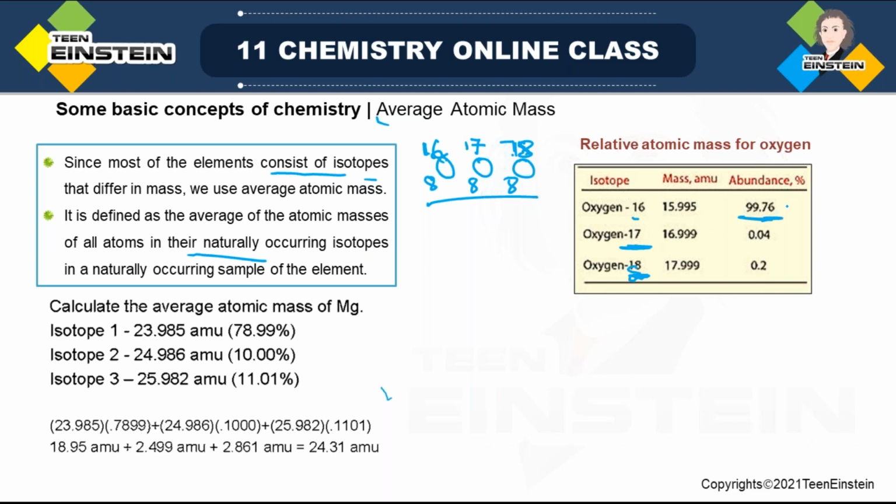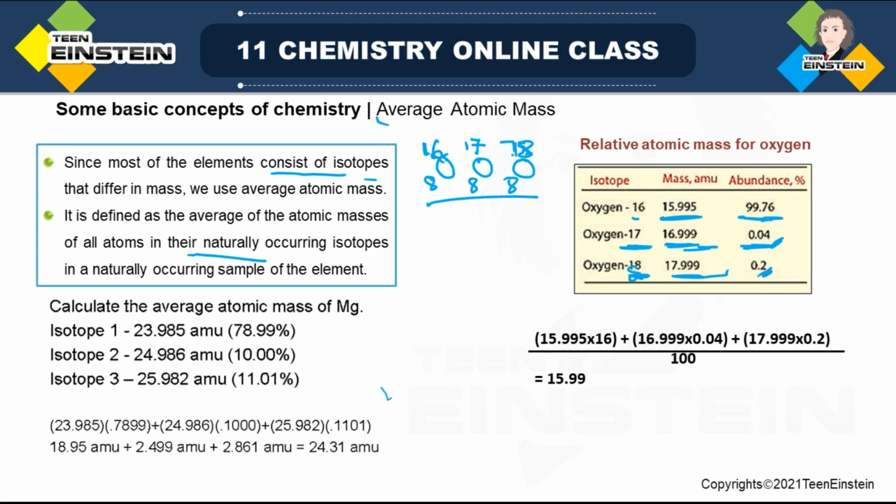See, it is very high. This is the maximum abundance. We know oxygen 16 has the higher abundance. We do not use 17 and 18 much. The next one has mass slightly higher, 18 is even higher, but their abundances are very low. So in this case, we multiply all these masses with the corresponding abundance and then divide by 100.